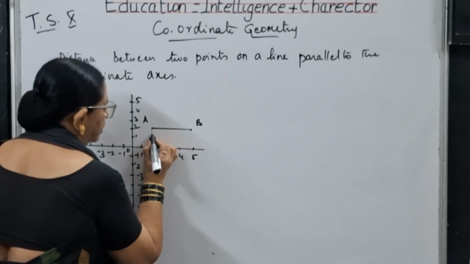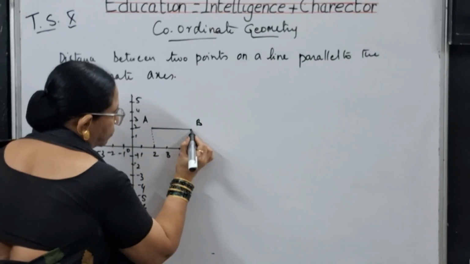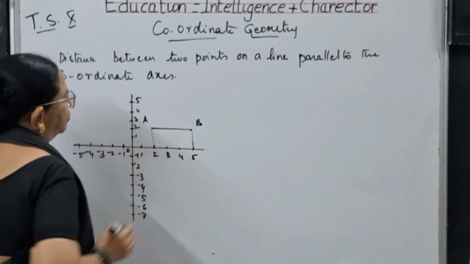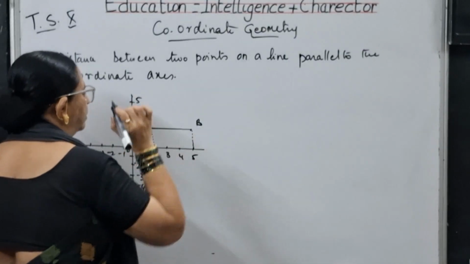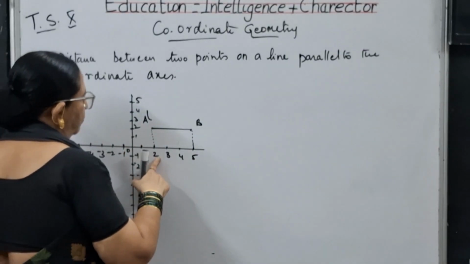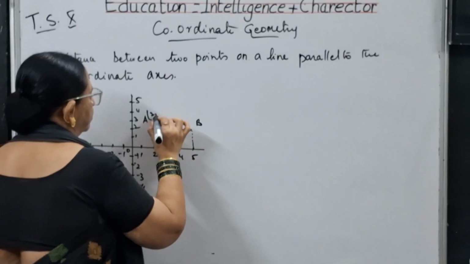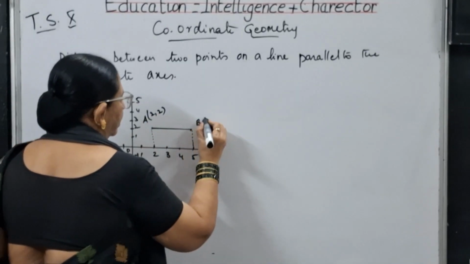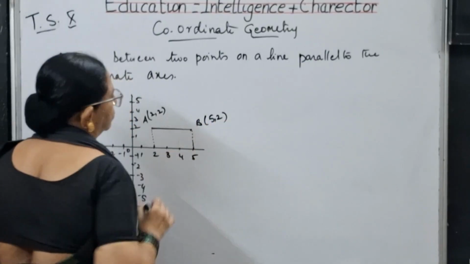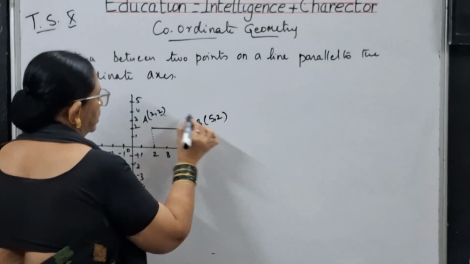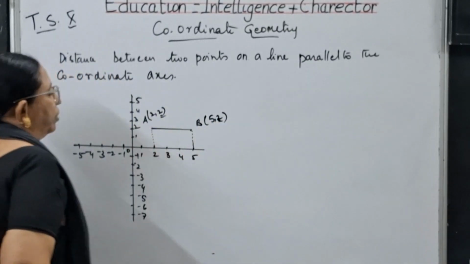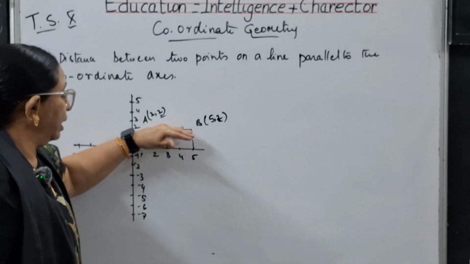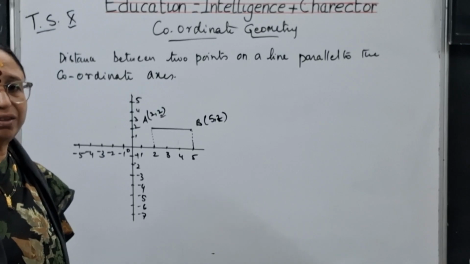If you consider this y value, from here to here it is 2 units. So when I write the ordered pair of A, I will write it as 2 comma 2. And when I write ordered pair of B, I will write it as 5 comma 2. So see, y coordinates are same. If y coordinates are same, it is understood that the line is parallel to x-axis.